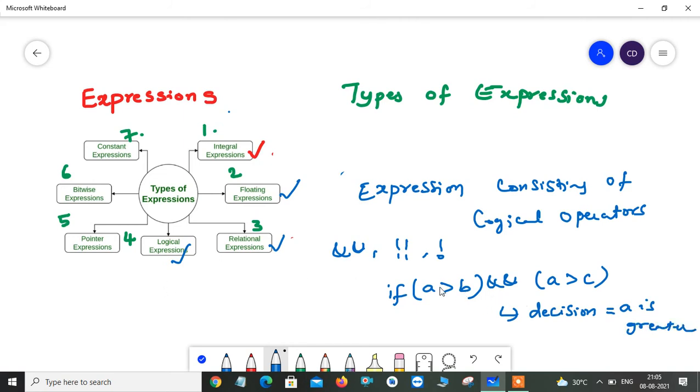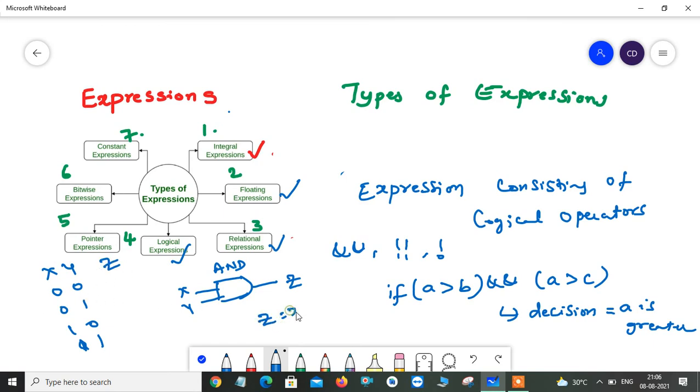Remember, logical AND is implemented with a logic gate, this is an AND gate. This gate will take two inputs and produce one output. Whenever you have two inputs, it will make four combinations: 0 0, 0 1, 1 0, 1 1. The output is simply z equals x multiplied by y.